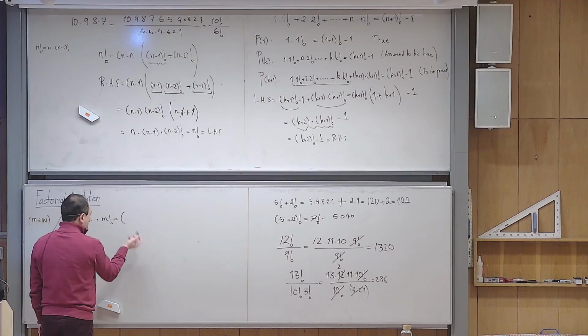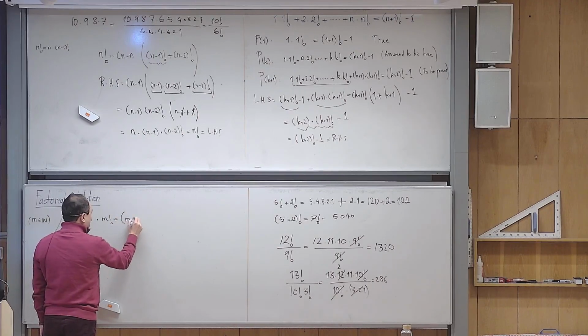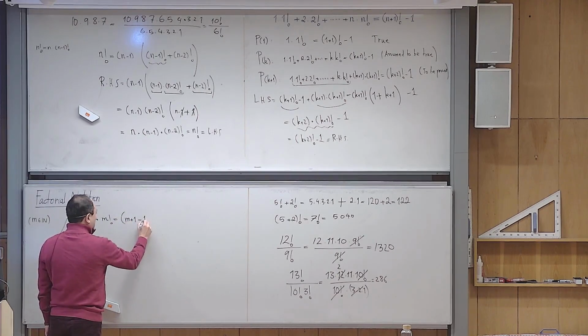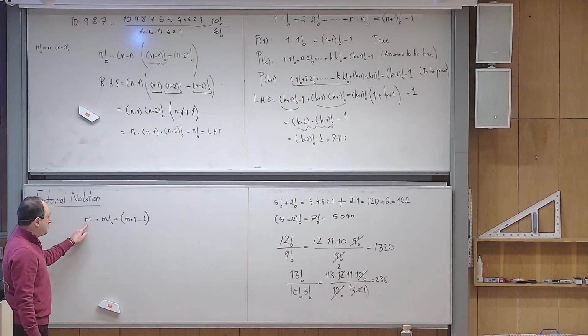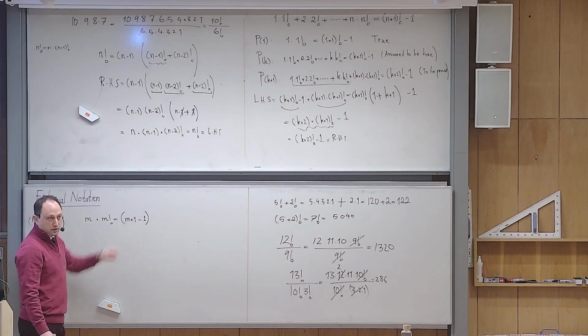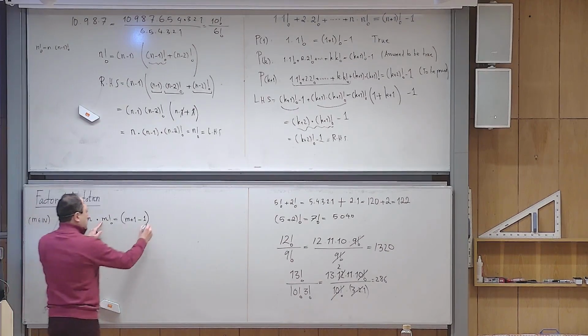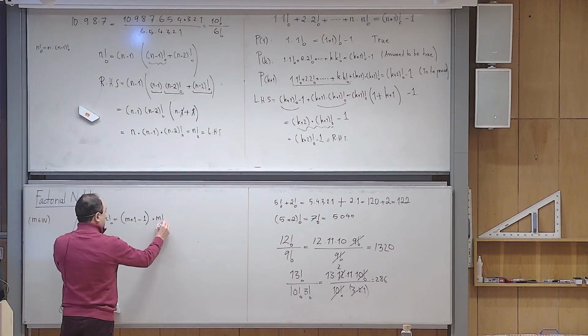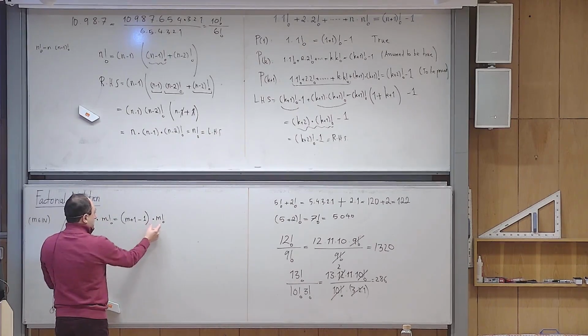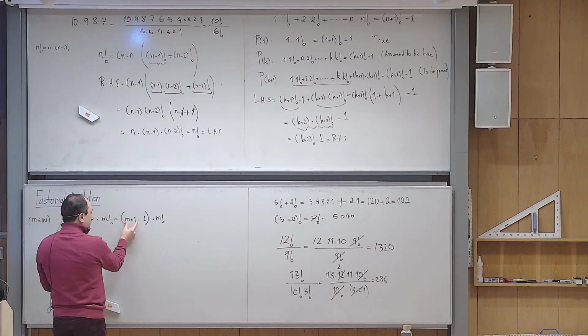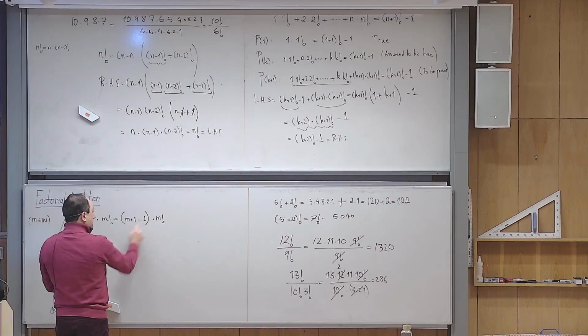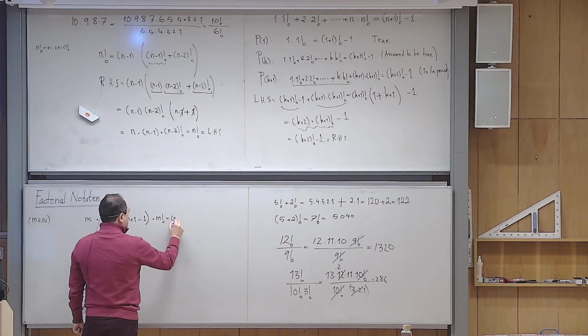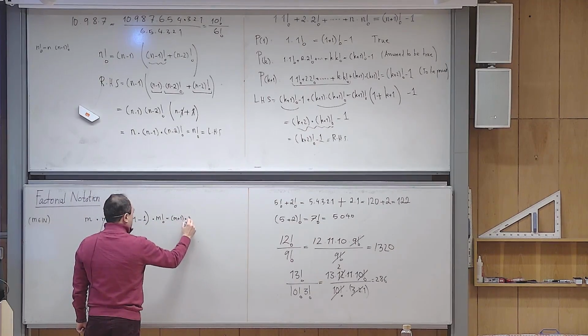I will do this. This is why I'm saying that you have to have experience if you want to do it in that way. And as I told you, this is not always possible. So instead of m, I write m plus 1 minus 1. And then I multiply it by the same m factorial, yes? And then I do like this. I multiply this here minus multiply this here. So this becomes m plus 1 multiplied by m factorial.